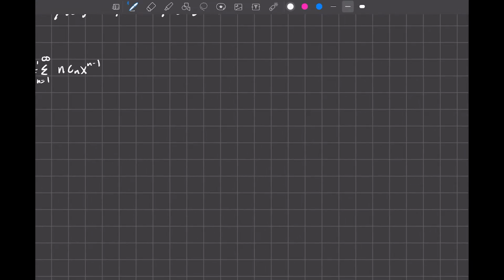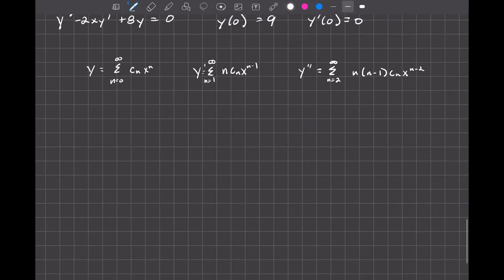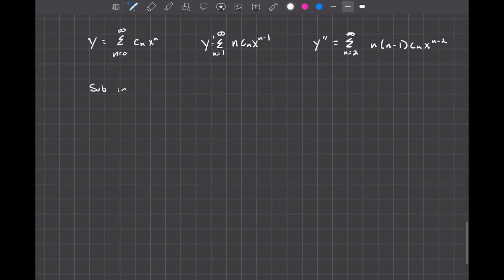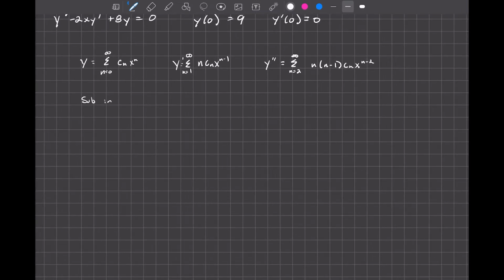And then we'll take the derivative of that, the second derivative, which will equal the summation from n equals 2 to infinity of n times (n minus 1) c sub n times x to the n minus 2. So here we could sub everything in, so basically just plug the summations into that equation above.